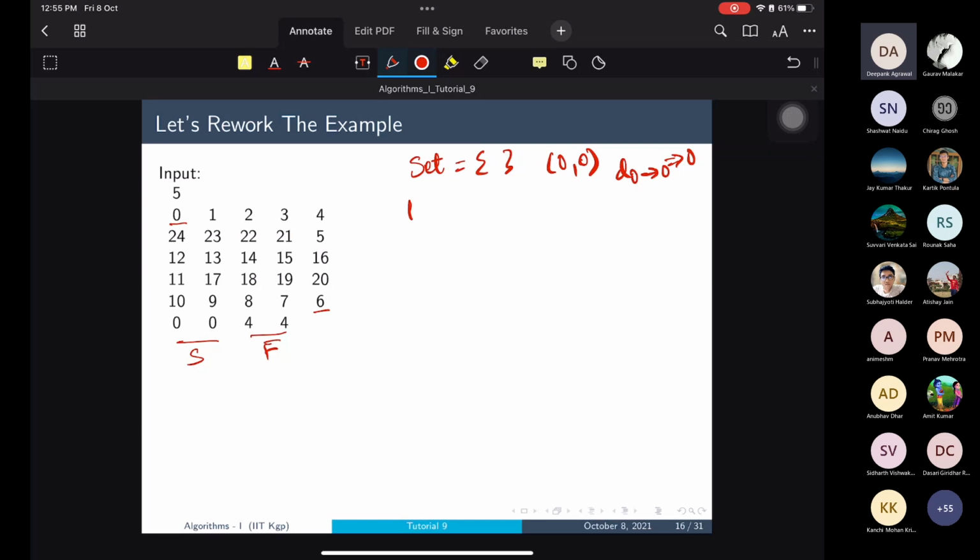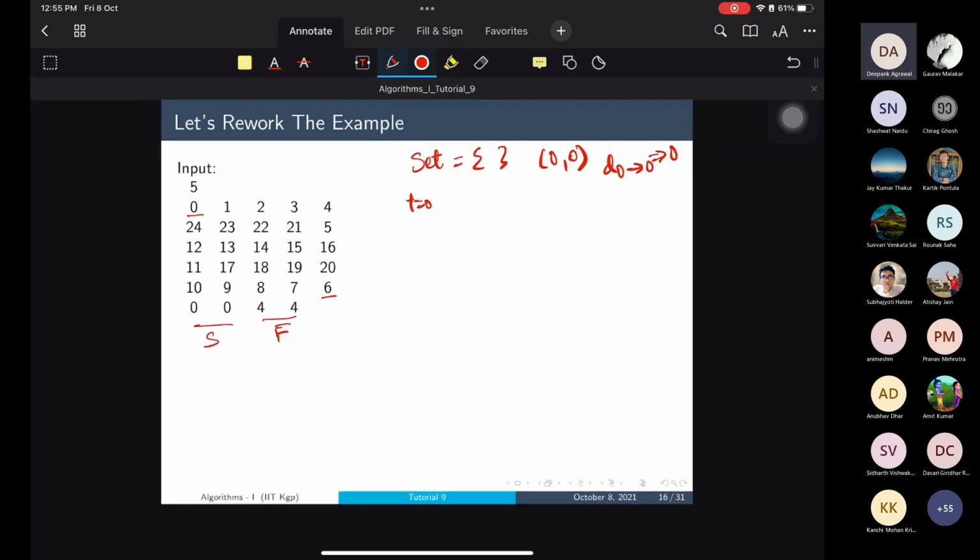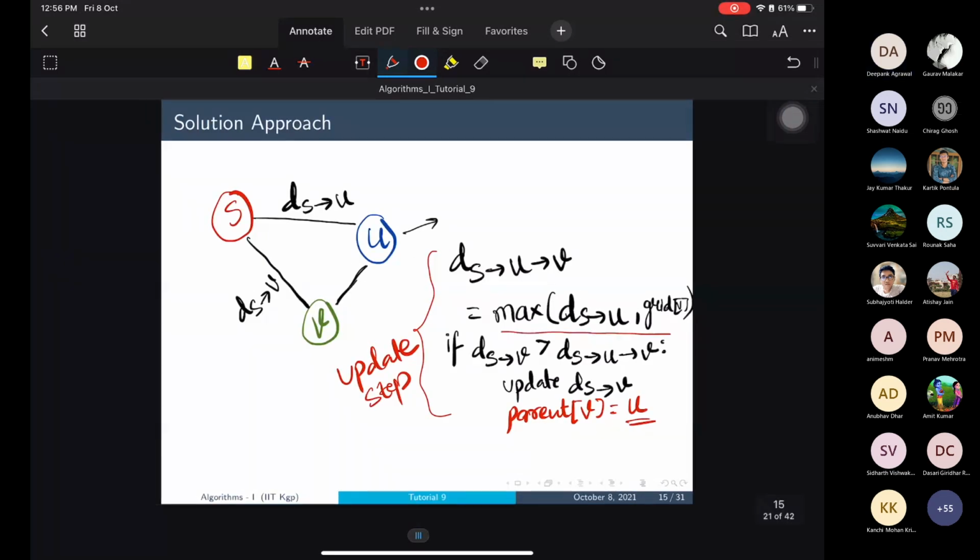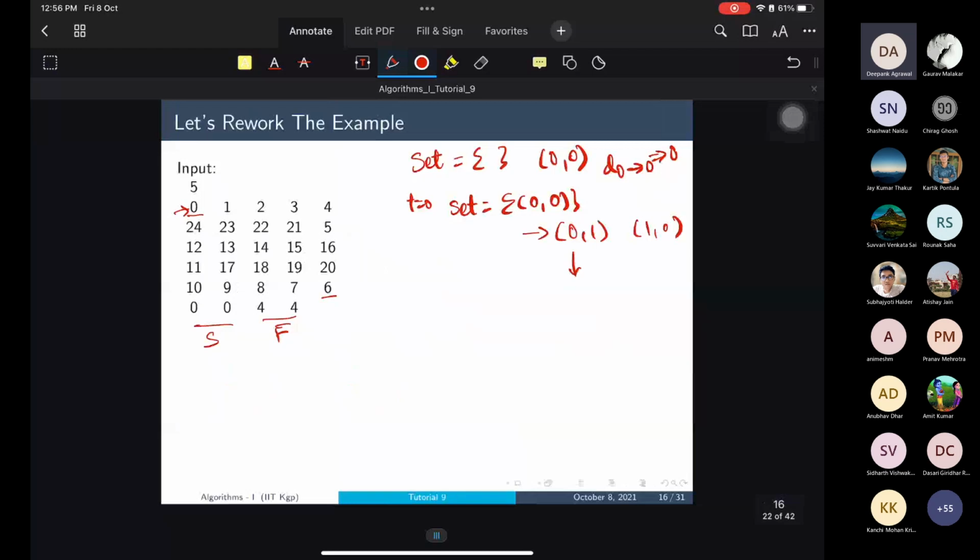So at t equals 0, this will be the first element to come into the visited set. We have 0, 0, and its neighbors are 0, 1 and 1, 0. According to the update step, initially all the other distances are infinity, obviously, right? So for 0, 1, how do we update?